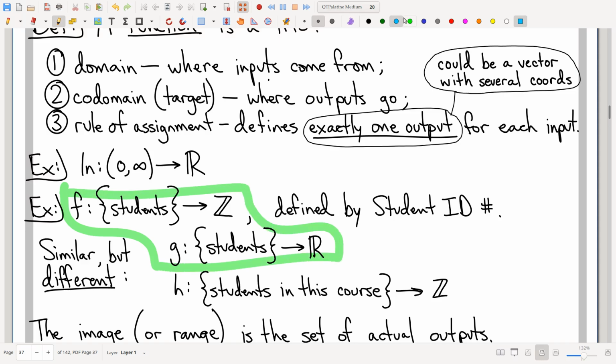These two functions, f and g, they're both defined for all students. In both cases, student ID is going to be the rule of assignment. That's how we're going to compute the output value for any given input student. Seems like the same function so far, right? For every student, you give me the student ID. Aren't we done here? Sadly, no.